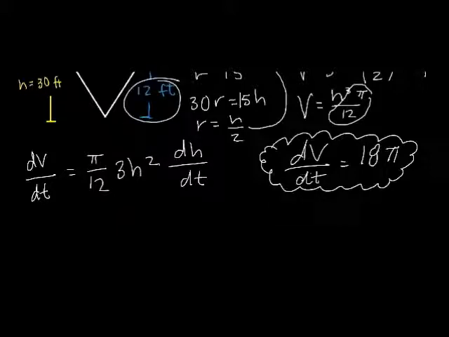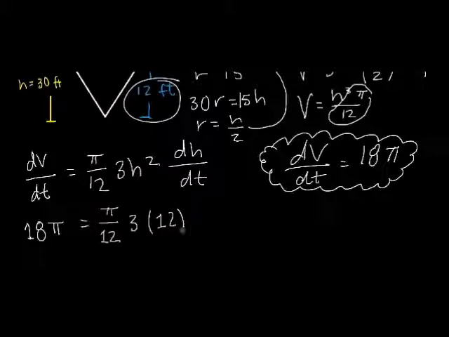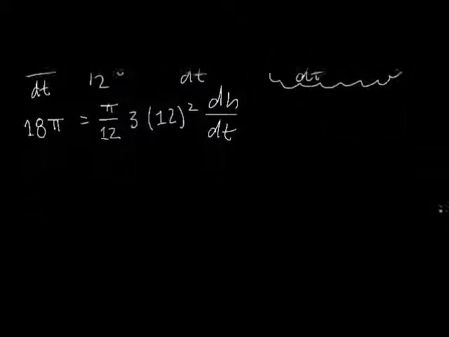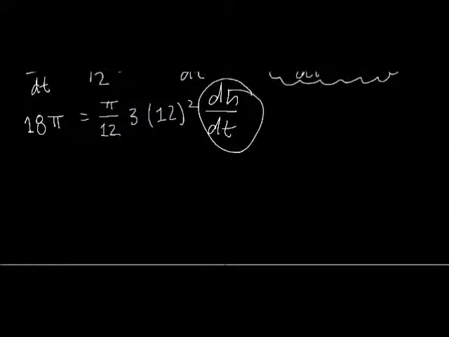So basically we can just plug stuff in now. So dV dt, 18 pi, equals pi over 12 times 3 times 12 squared times dh dt, and just solve for dh dt.